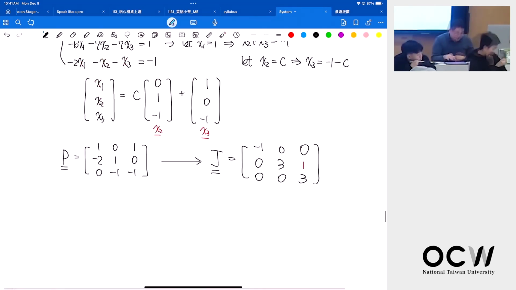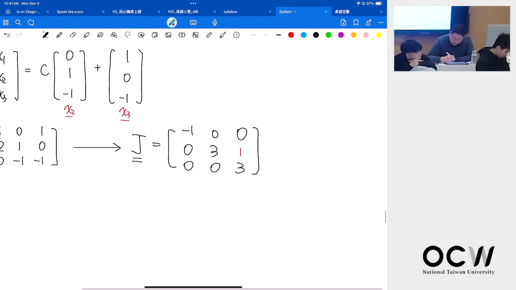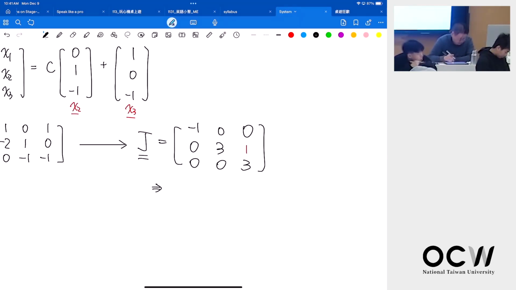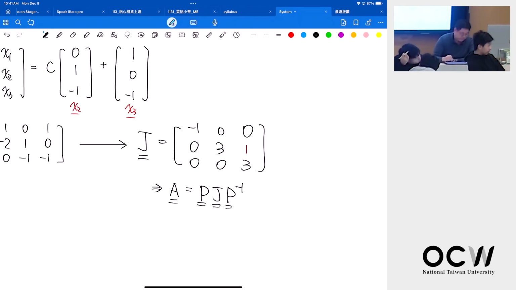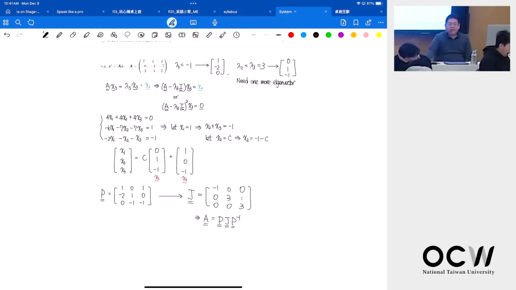All right, so back to here. With the Jordan block, we also know I can express the matrix A as P J P inverse. Now I want to solve x prime equals AX.